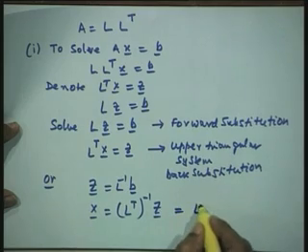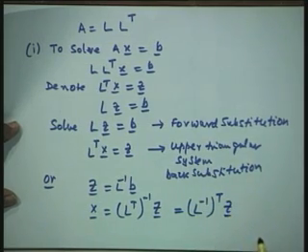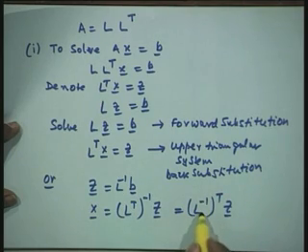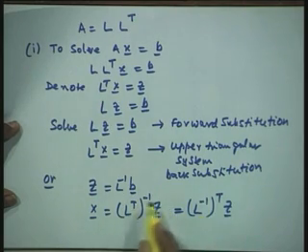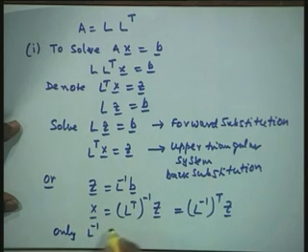So this will be equal to L inverse transpose of Z. Therefore, I need to determine only one inverse. L inverse is here, and its transpose is being used here. So only L inverse is to be determined.